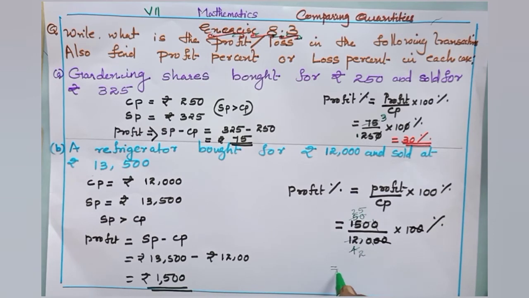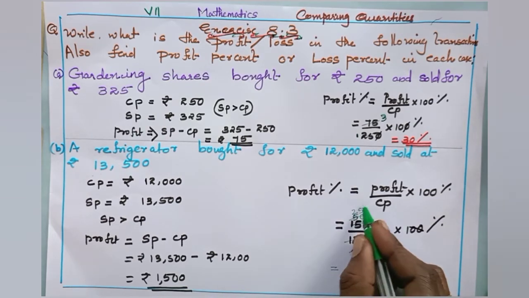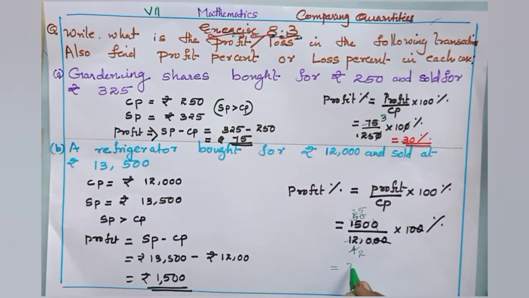So we get the answer: numerator 25, denominator 2, so 25 by 2 percent. We can write 25 by 2 as a mixed fraction, 12 and 1 by 2 percent.